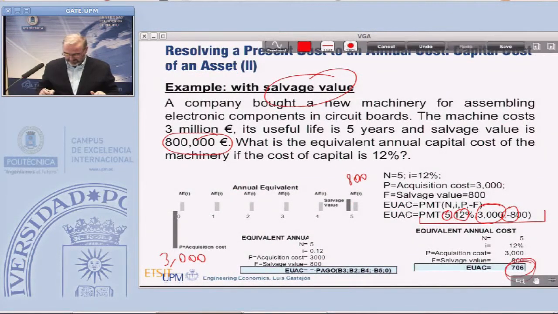This case is 1,000 euros less, because you have here future earnings due to the selling of the machine. So this is straightforward. You see here the formulas with Excel.